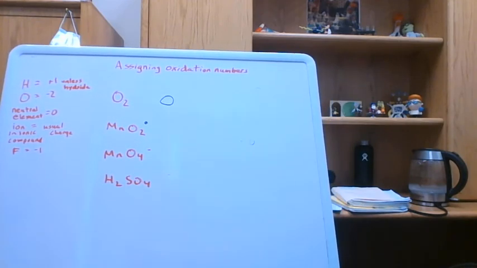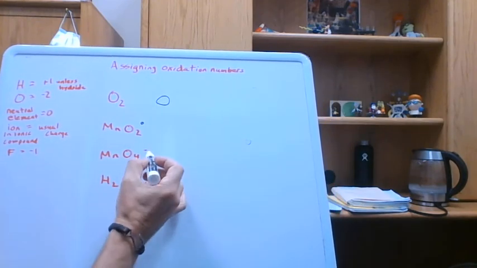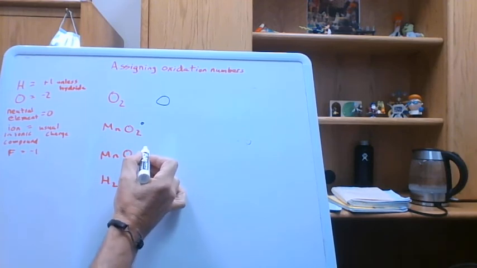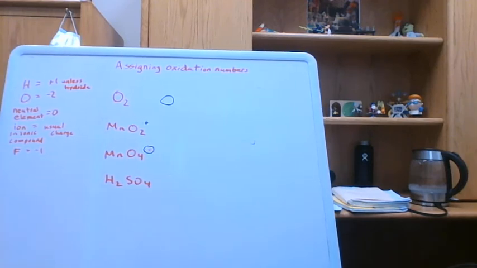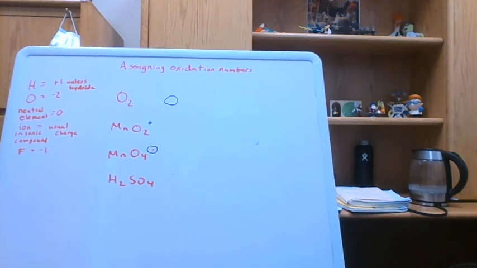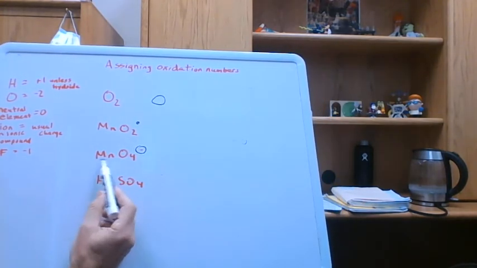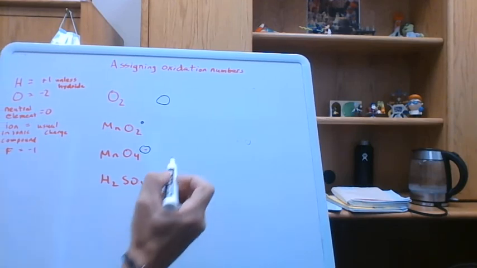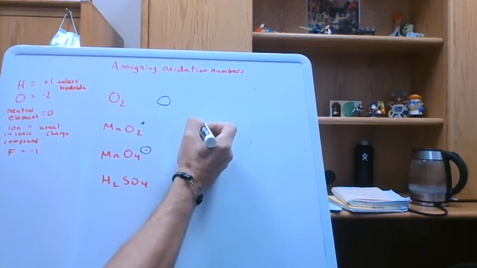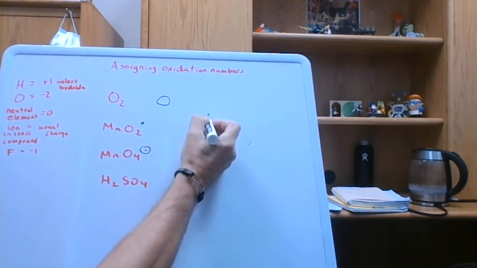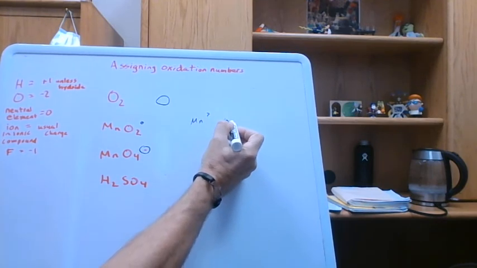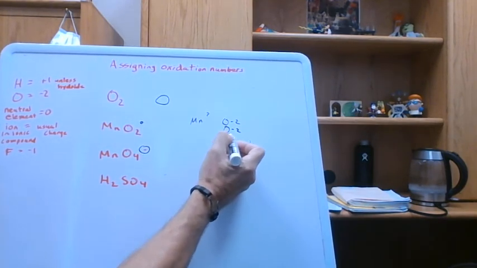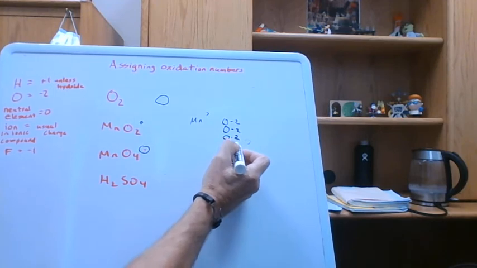All right, so if we move on to the next one, here we have a negative charge, so we're going to try to sum to a -1 instead of 0. We're going to do the same process here. Manganese, we don't know what its charge is, but we're going to assign a -2 to our oxygen. So we have manganese with some charge that we're going to figure out, and we have 4 oxygens, each of them with a -2 charge.